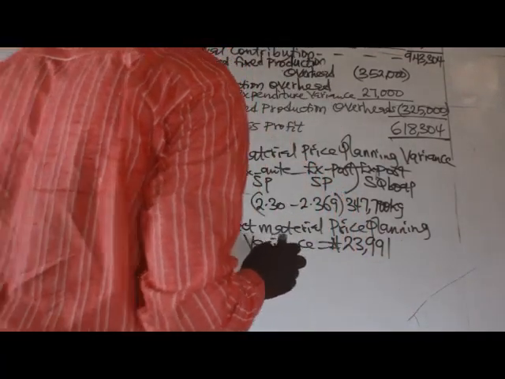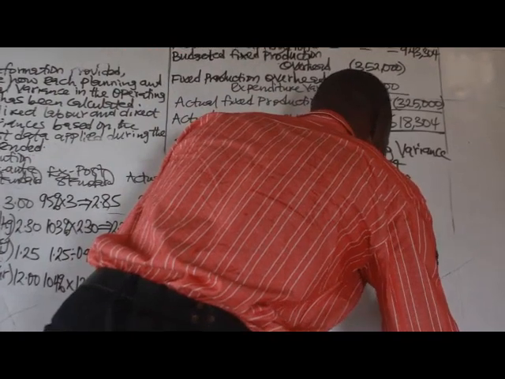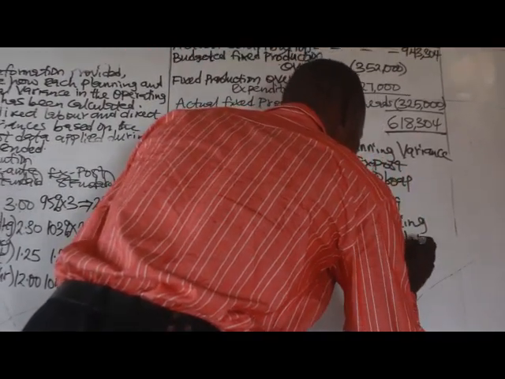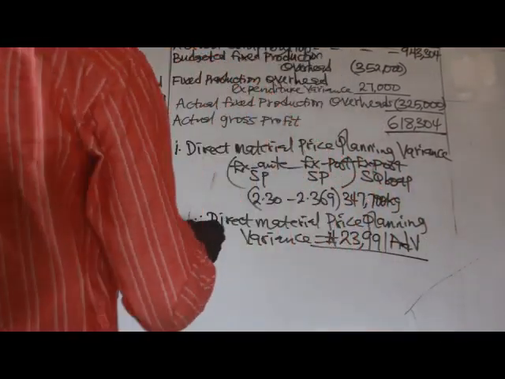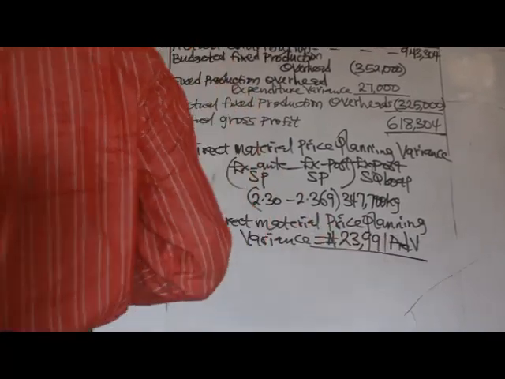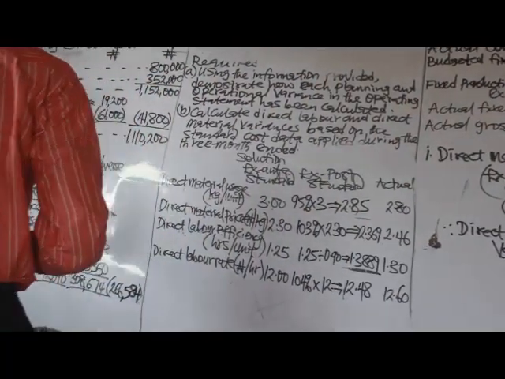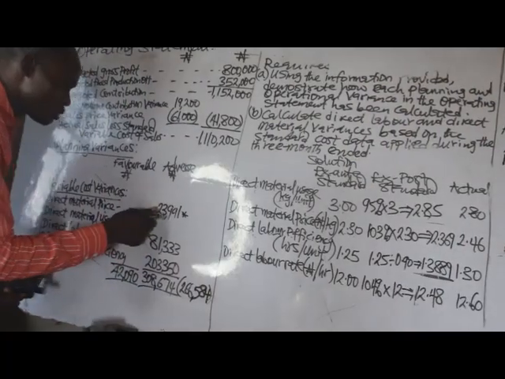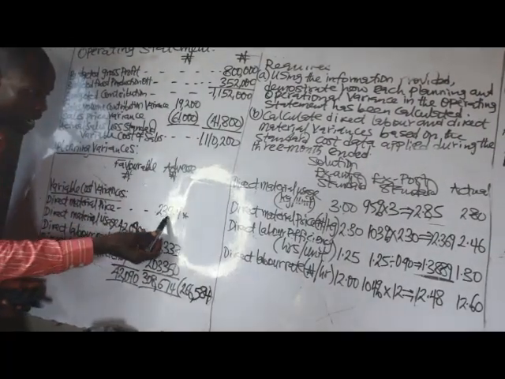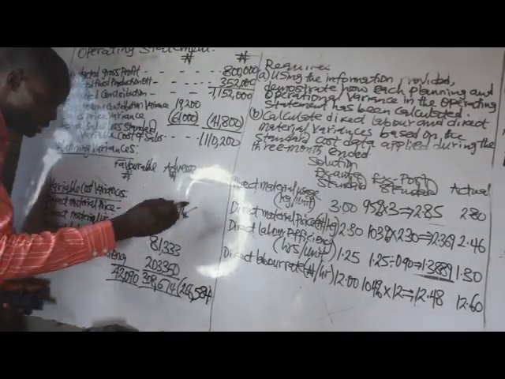That is an adverse variance. That is how they arrived at 23,991.